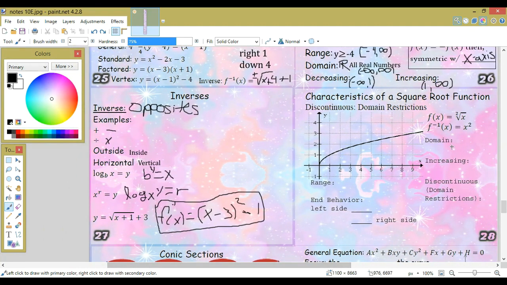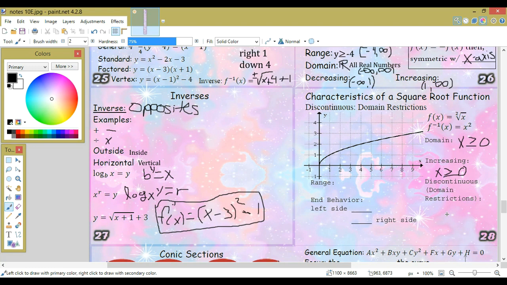Page 28. Characteristics of a square root function. So the domain of this is x is greater than or equal to 0, and it's increasing at the same place. X is greater than or equal to 0. It's going up the whole time. It's discontinuous.